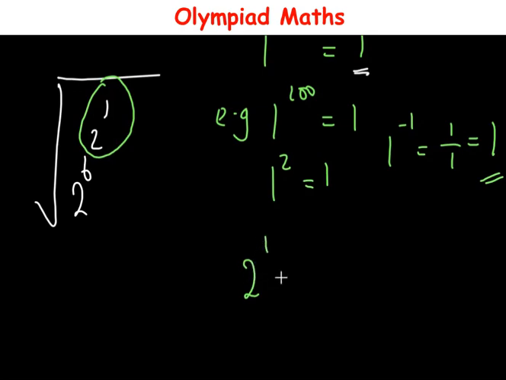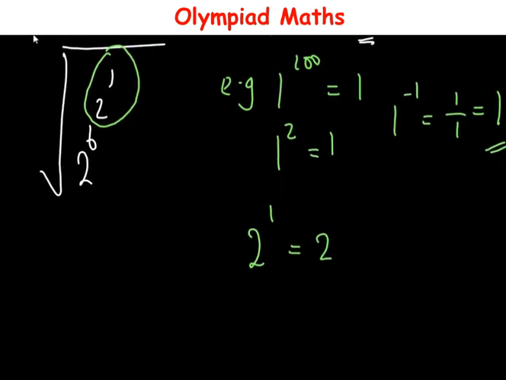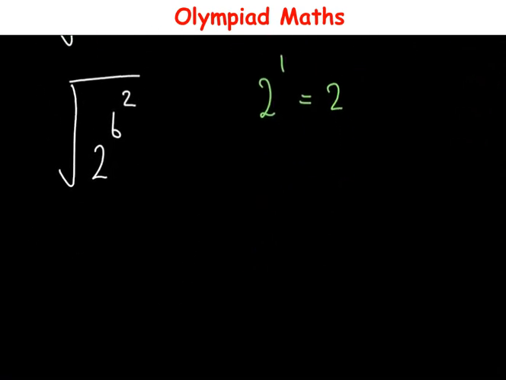Now, 2 raised to power 1, the value is equal to 2. So with this, the question then becomes the square root of 2 raised to power 6, raised to power 2 raised to power 1, which is 2, so we have raised to power 2. Good. So from here, the next thing is to simplify the next top power, which is 6 raised to power 2.